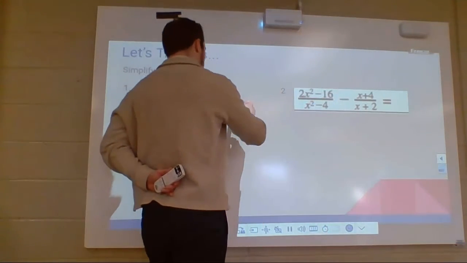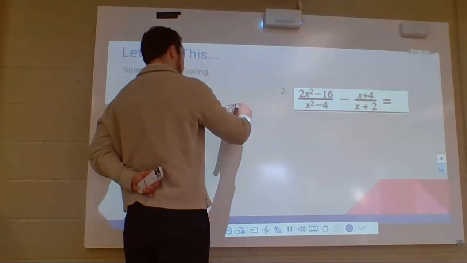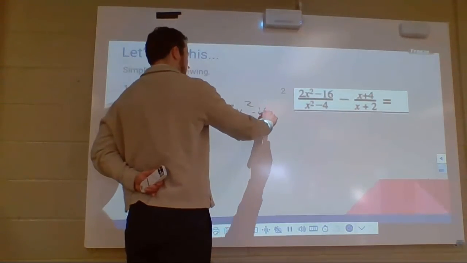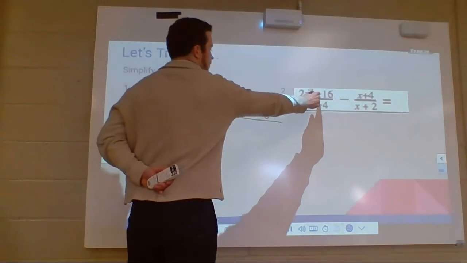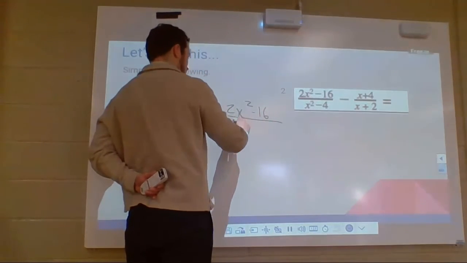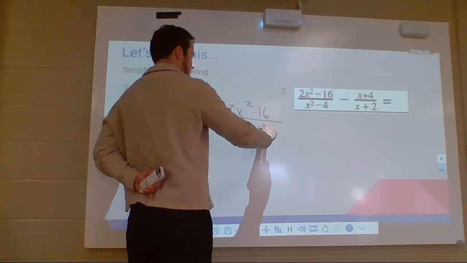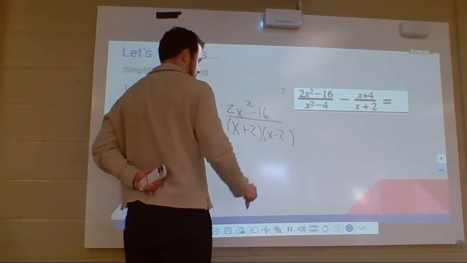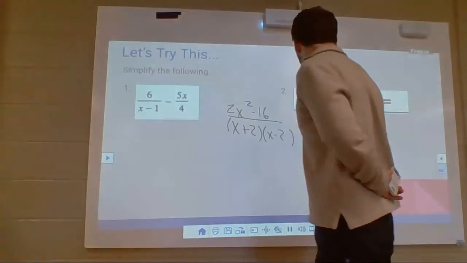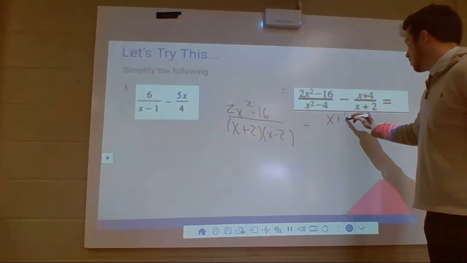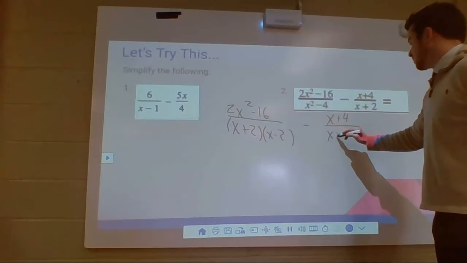Okay? So I'm going to say 2x squared minus 16, and then we know that the denominator is x squared minus 4, which factors as x plus 2 times x minus 2. And then we're going to say minus x plus 4 over x plus 2.